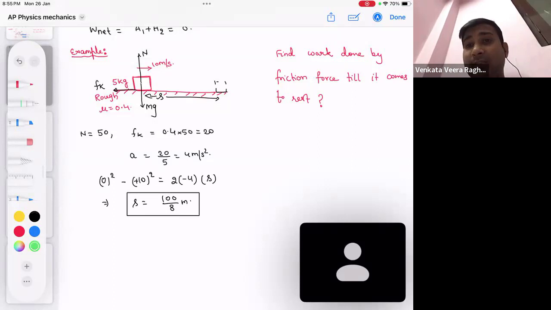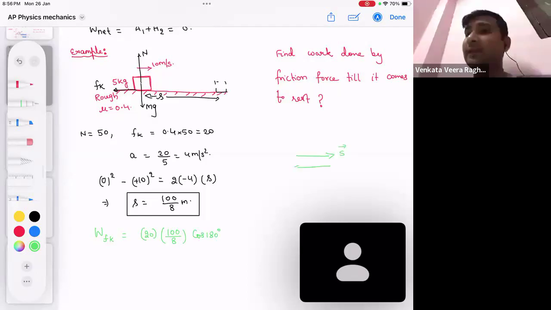The work done by kinetic friction, how much will it come to? The friction force, how much is it? 20. What is the displacement? 100 by 8, and the angle is 180 degree. Why? Because the particle displacement is happening in this direction and the friction force is acting in this direction.